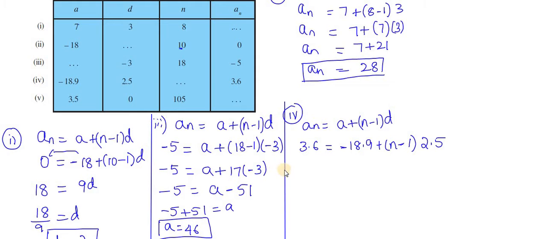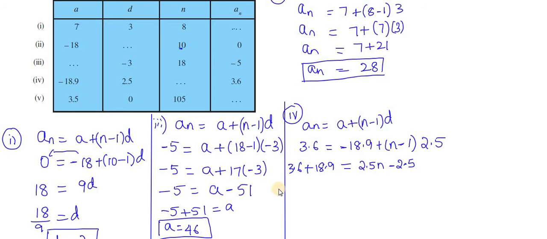Okay, now simplify this. So that is 3.6, and transpose this side, so 3.6 plus 18.9, which is equal to, now multiply here, 2.5 into N is 2.5 N minus 2.5. So now 3.6 plus 18.9, what are you going to get?